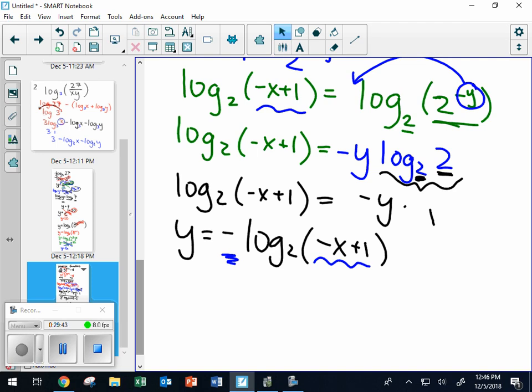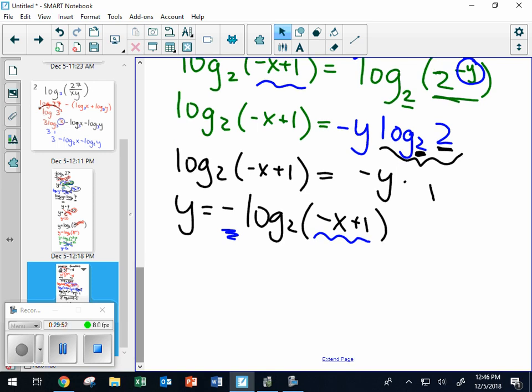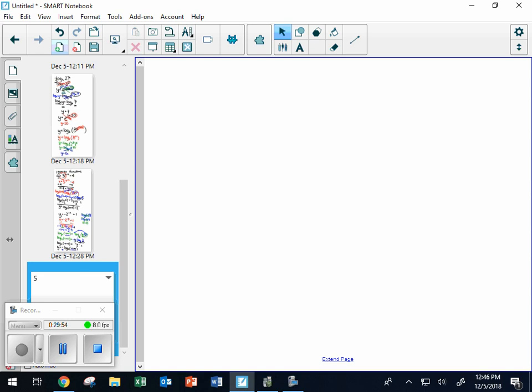Can I give you one problem to work on tonight? And if you don't finish it, that's okay. But if you do finish it, that would be great for tomorrow. I would like you to see if you can figure out what to do if you're going the opposite direction.